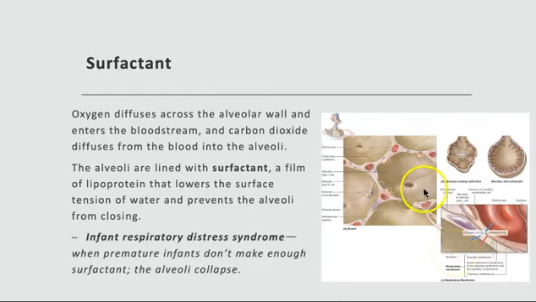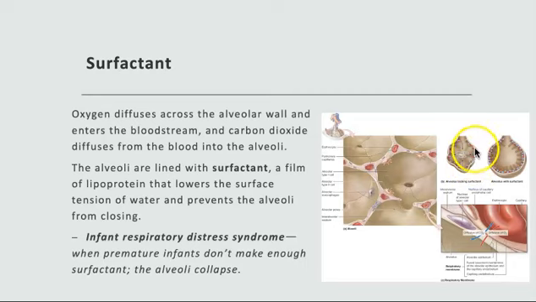So this is showing us all of our different alveoli here, and we've got these little cells here that are producing the surfactant. Surfactant is a lipoprotein that lowers surface tension of water. So while we have that surface tension between the pleura, we don't really want it to exist here in the alveoli.